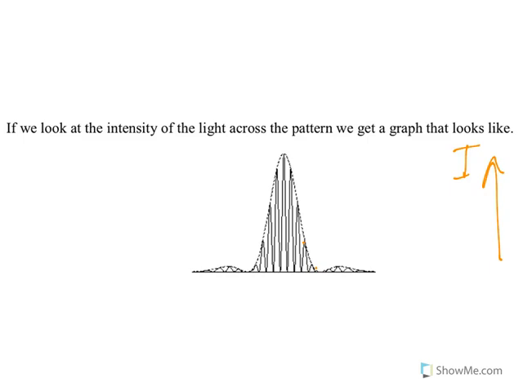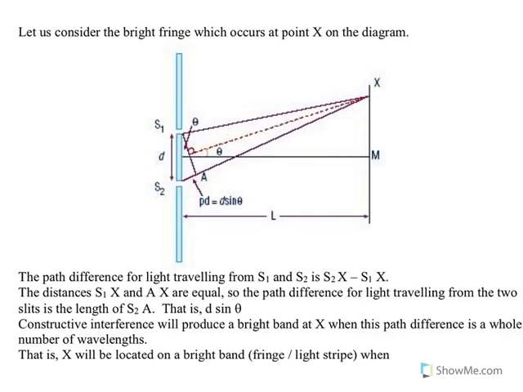Alright, so let's have a look a bit further and see if we can come up with some sort of equation. If we're looking at a point, in this case point X, and that is a bright bit, so that's constructive interference.